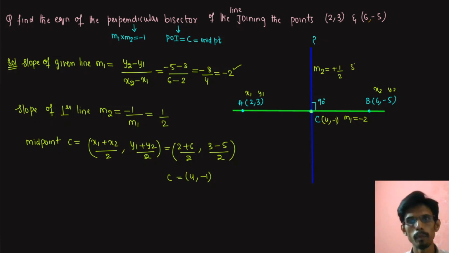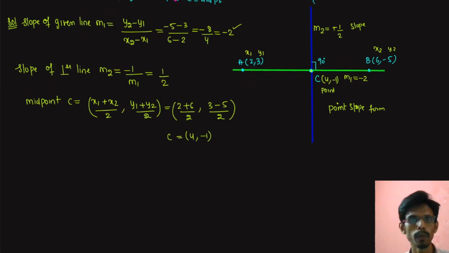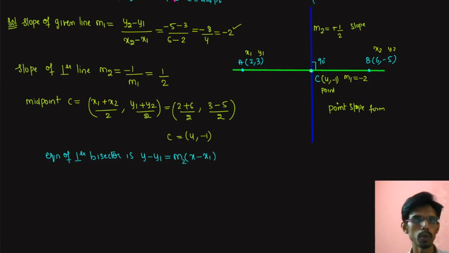Now here we have the slope and a point, so we can make use of the point slope form to get the required equation. The equation of the perpendicular bisector is y - y1 = m(x - x1). Here the slope is taken as m2. Now take C as x1, y1.